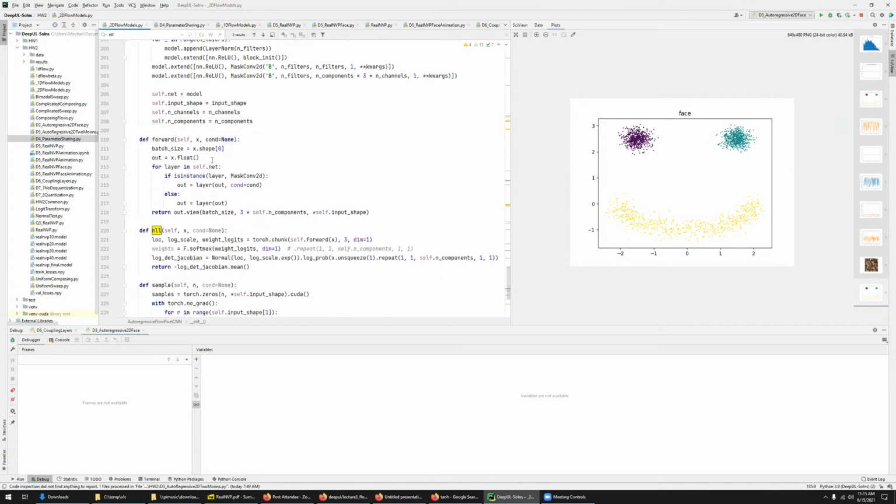So we kind of have to look at it in 2 different ways. What happens here is you pass an X, and then it goes through the different layers, and some of these layers are conditioned.